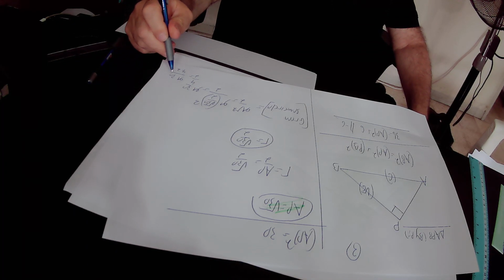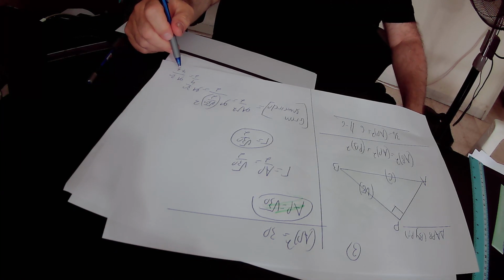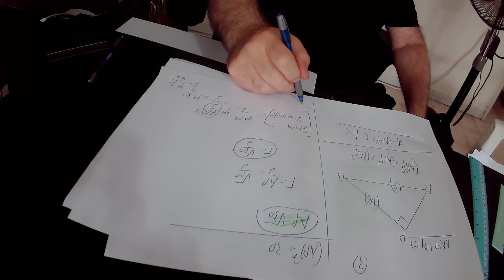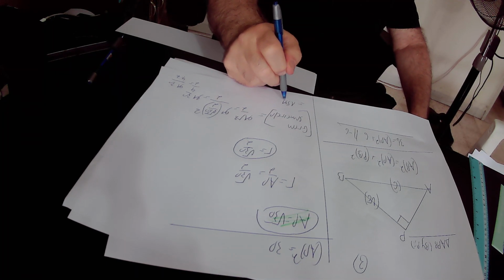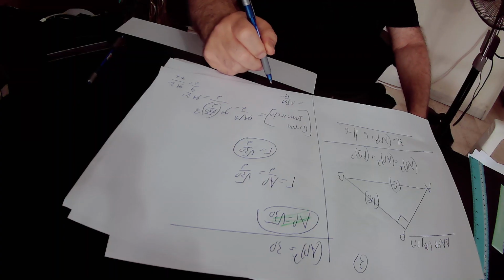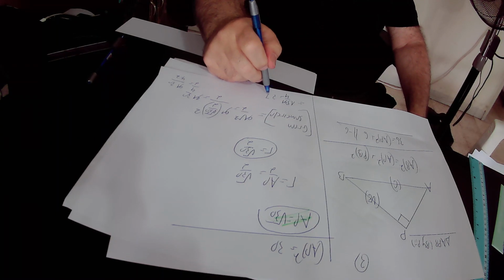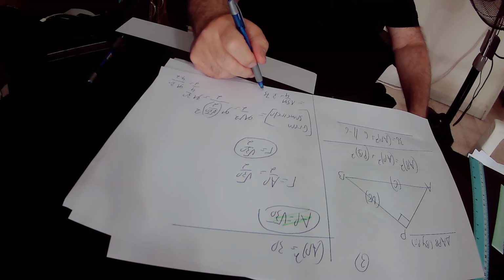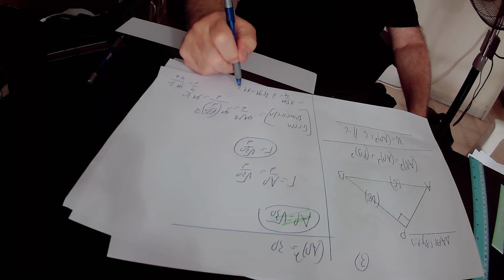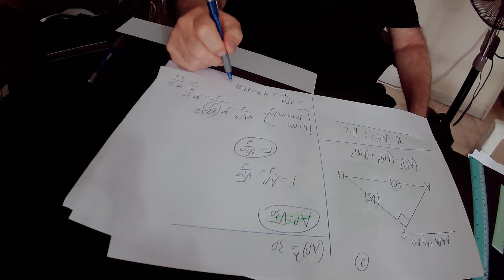Here 30 over 2 is 15, so in total this expression equals 15 pi over 4. 15 over 4 is 3.75, so in total this expression equals 3.75 pi. In terms of numbers, it is equal to 11.78 square units.